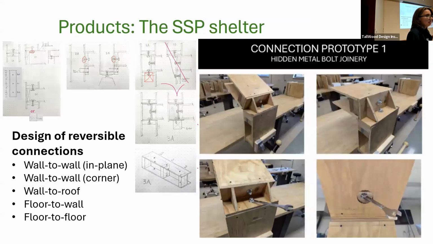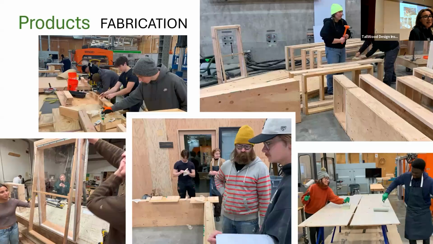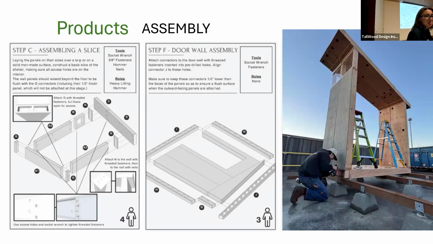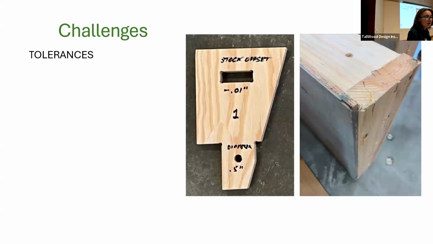A lot of attention went into prototyping and testing the connection systems between all these parts. As you can imagine, designing them as reversible was quite a challenge. And this is the fabrication process. Students developed their IKEA manual for all the parts and assembly, and this is an image during the construction.